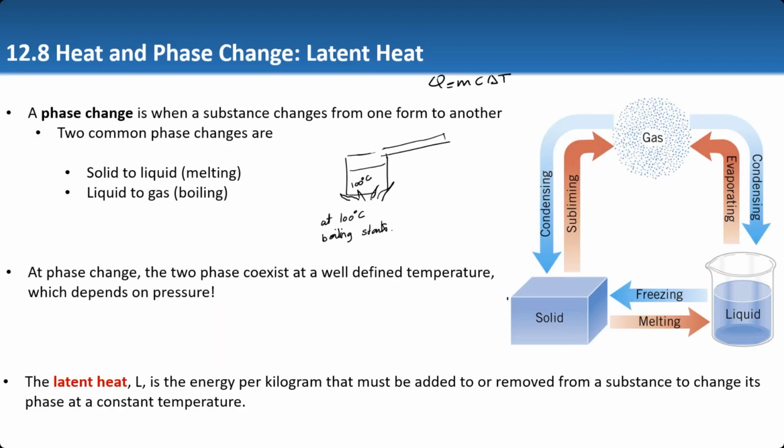And a phase change namely occurs when the object reaches its boiling point, or alternatively, its freezing point. So this could be melting, freezing, vaporization, or condensation. Whenever a substance is changing from one phase to another, namely from solid to liquid, or the other way around, from liquid to solid, or from liquid to gas, or from gas to liquid, these are phase changes.